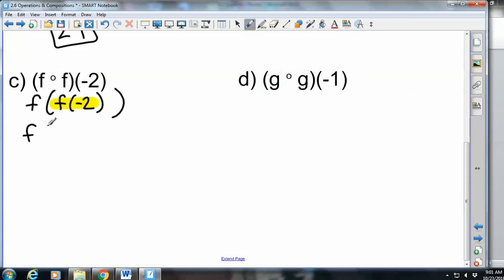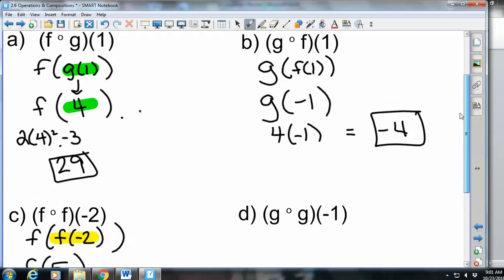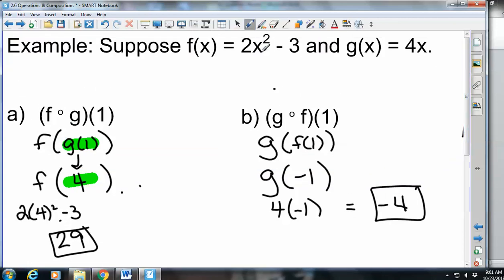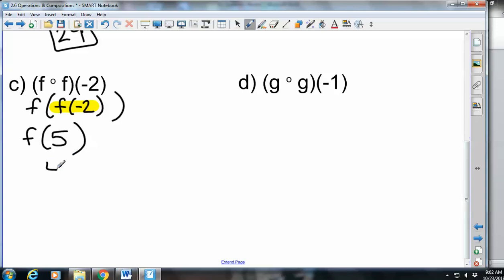So this would be f of 5. Now, you're going to plug 5 back into f again. You could plug it in the same one multiple times.